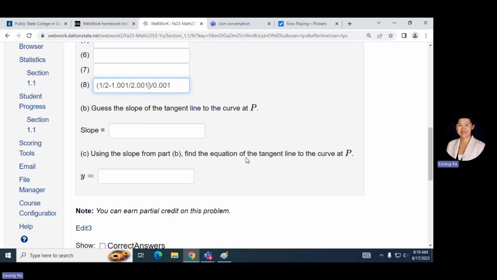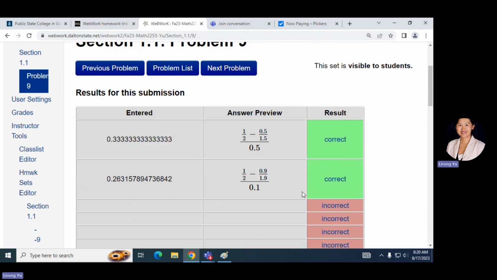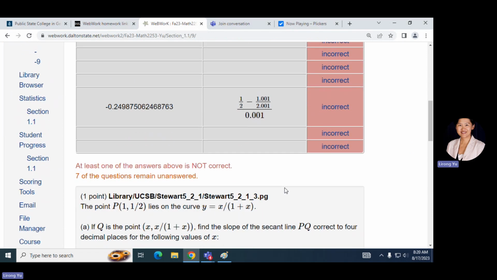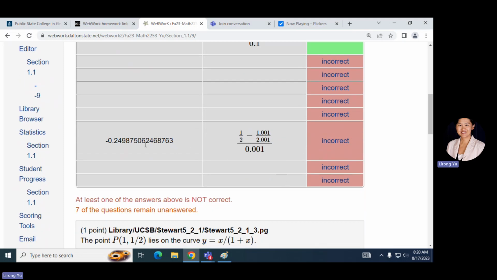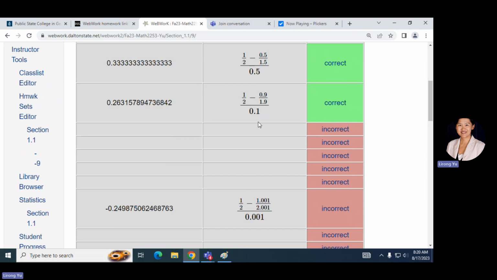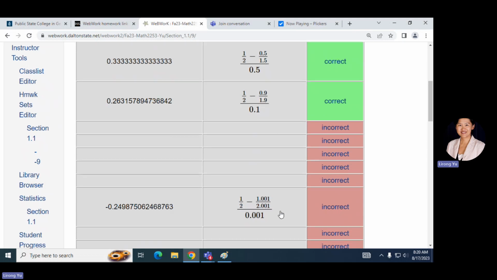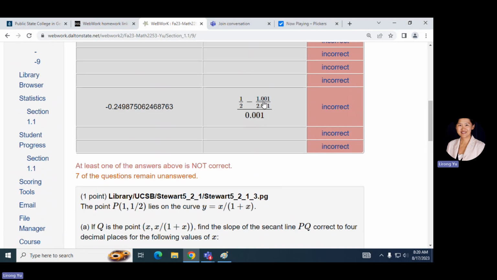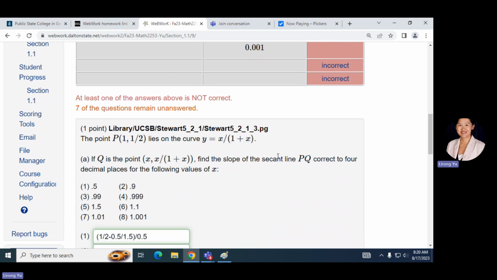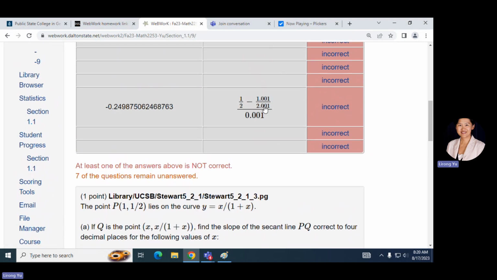Even though it's a close enough number, we find the slope. Right, x is 1.001. The denominator is 1.001 plus 1.